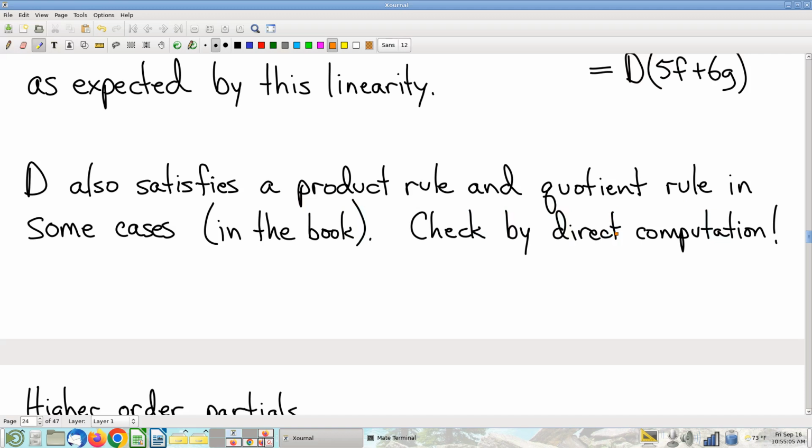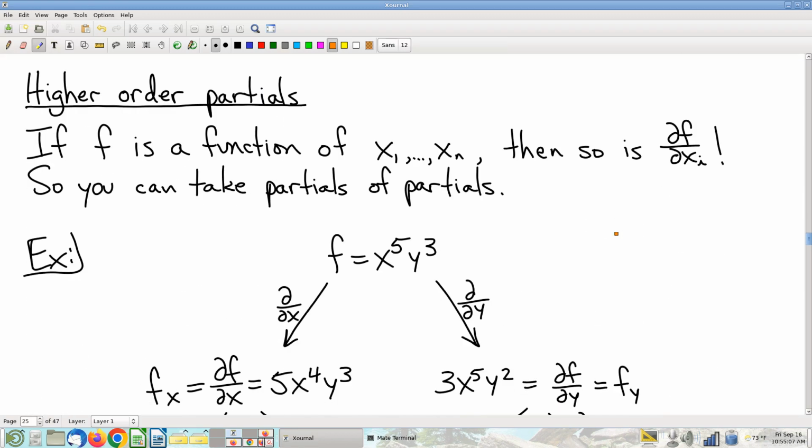Okay. All right, now where it gets more interesting: higher order partials. Y'all have seen higher order derivatives in a Calc 1 class, right? If you have a function, take the derivative, you get another function. That function you could also take a derivative of. Well, same thing here.